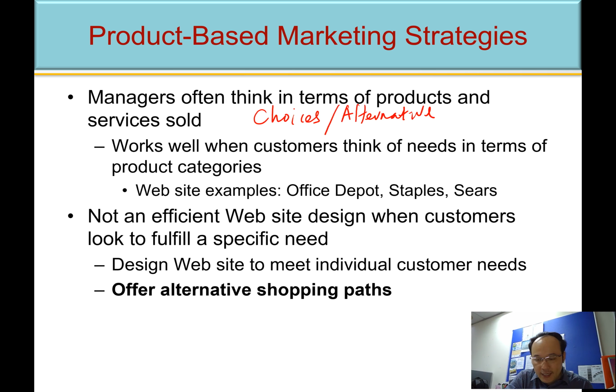If, let's say, product A is not available, how about product B? It means the company can provide similar products to the customer. That is called an alternative. In another term, we call it customization.